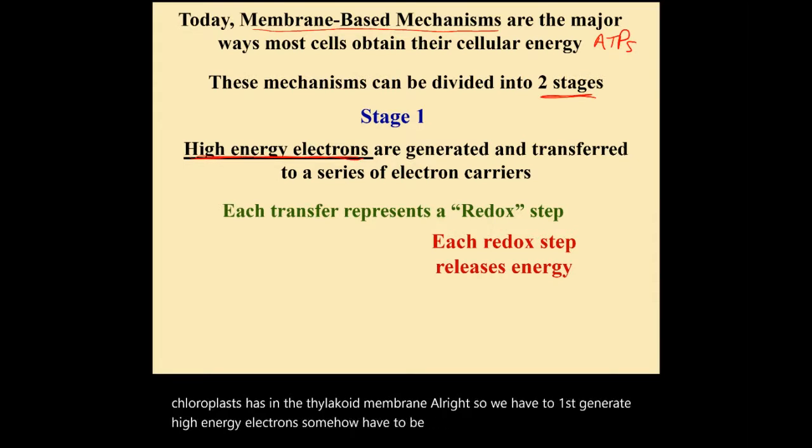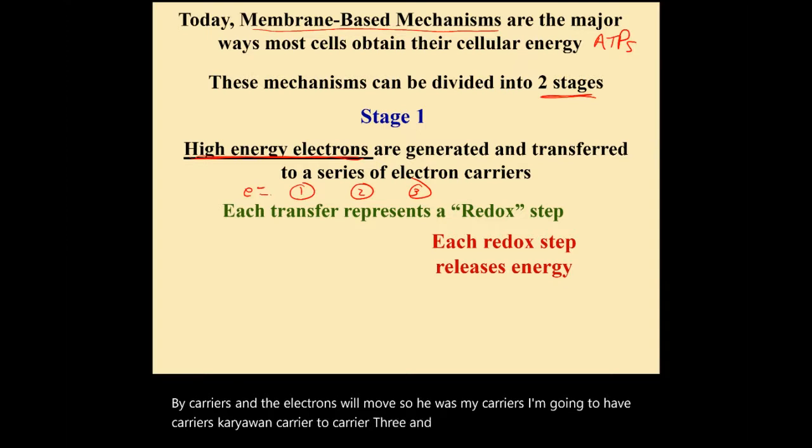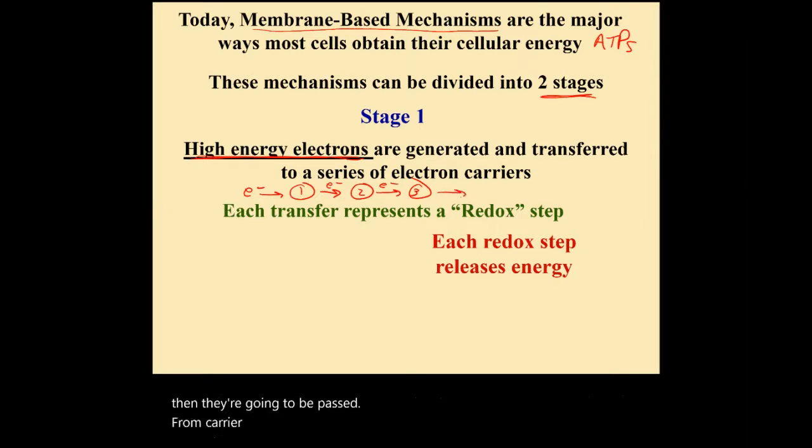And then those high energy electrons will be transferred to a series of electron carriers, and the electrons will move. So here are my carriers: carrier 1, carrier 2, carrier 3. The electrons come in and are passed from carrier to carrier, however long the chain is.